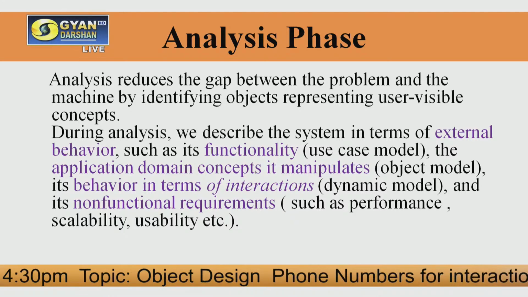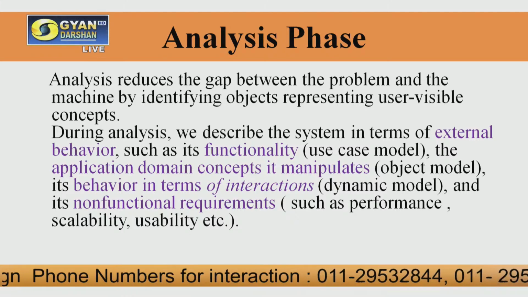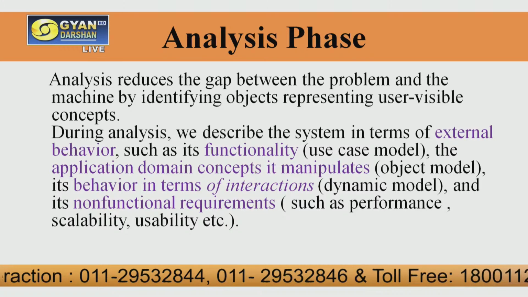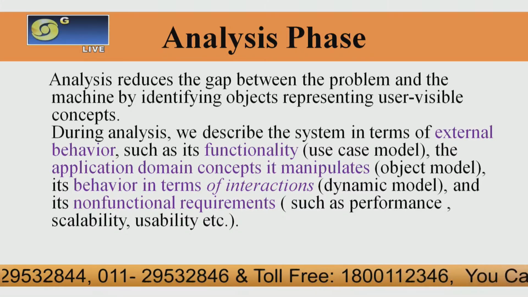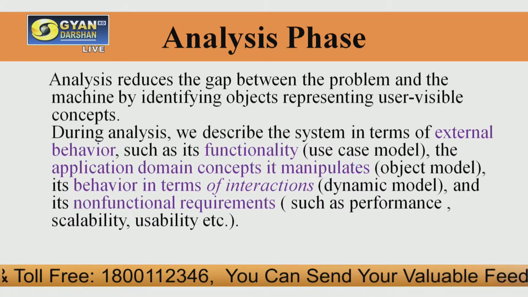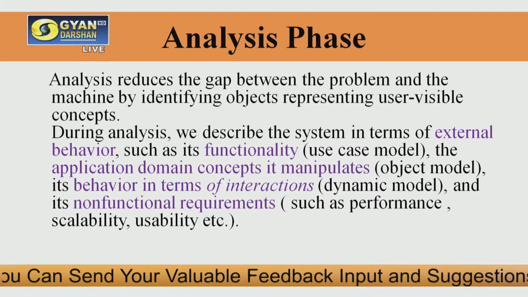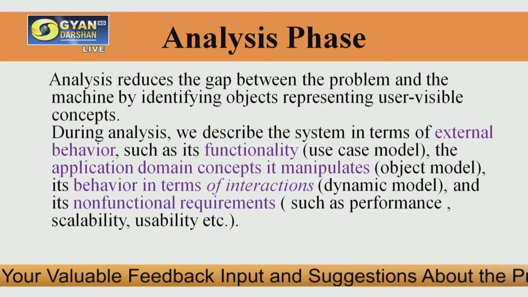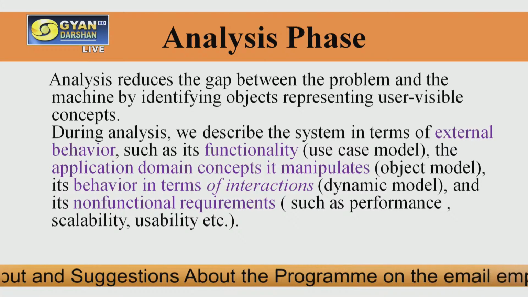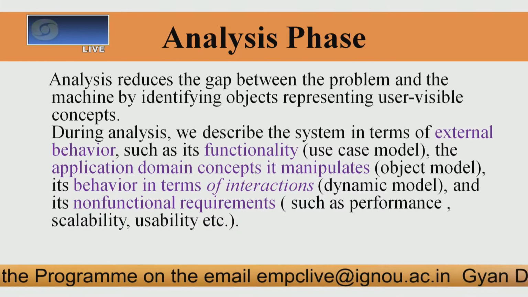During analysis we describe the system in terms of its external behavior, such as the functionality, what kind of functionality that system will be performing. For example, live video sessions in the case of an online learning system, assignment submission functionality, some kind of doubt clearing module, in which you can put certain questions and get certain responses. So these are the functionalities of the system.